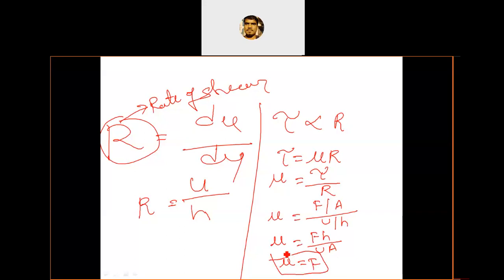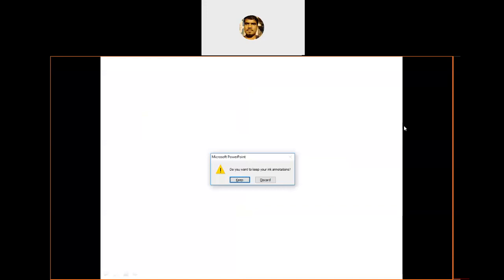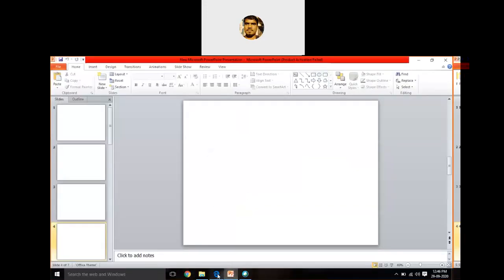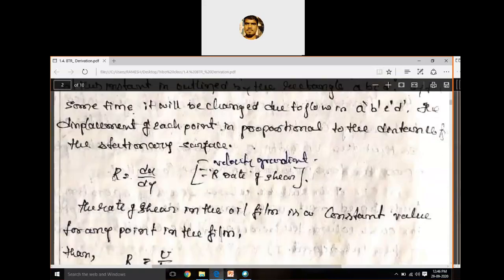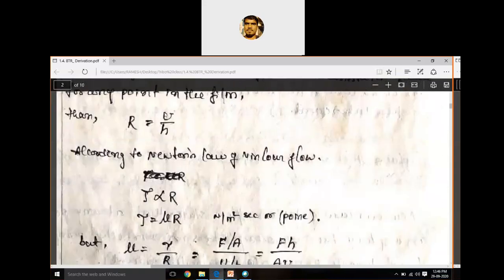Okay, so this is what we call Newton's law of viscosity. And this mu is the proportionality constant. Here you can see this is R, du by dy, the velocity gradient, where R is equal to U by H. U means velocity, H means thickness.